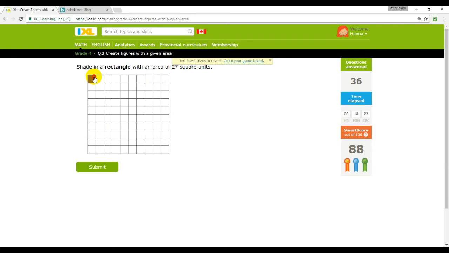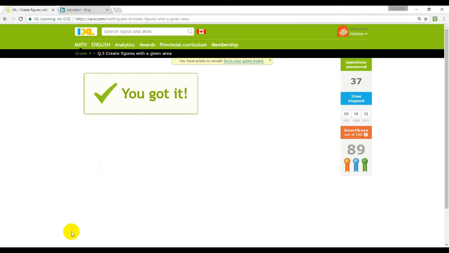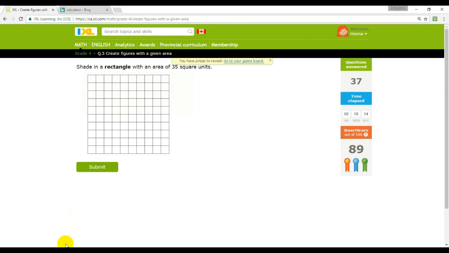Okay, so 27. That'll be 3 rows of 9s. 39 square units.